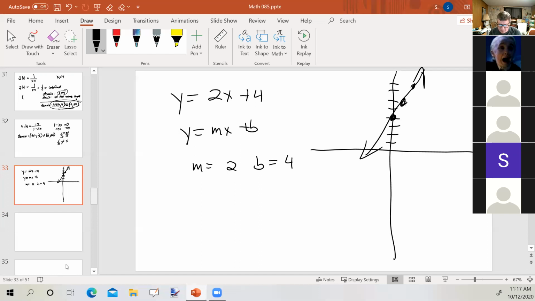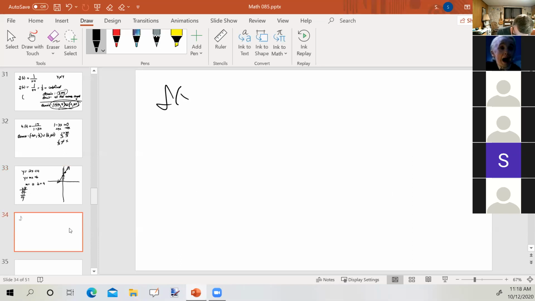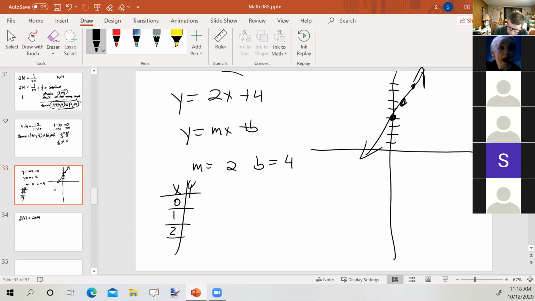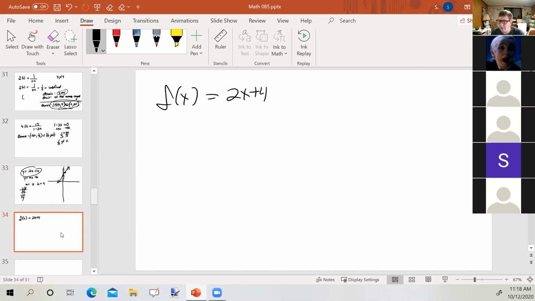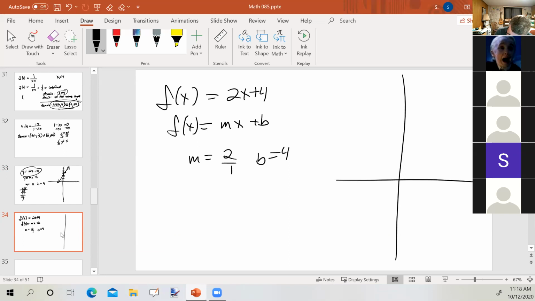So y equals 2x plus 4, y equals mx plus b, or you could what? You could use ordered pairs, like let x equal 0 and 1 and 2 and find those points and draw the line, okay? As a function, if we had f of x equals 2x plus 4, that's the same thing as that. It's just written as a function. So this is like f of x equals mx plus b. It still has a slope of 2 and a y-intercept of 4.